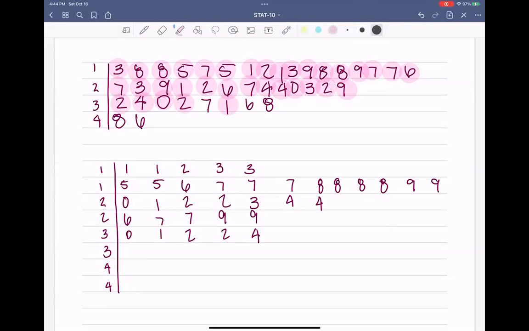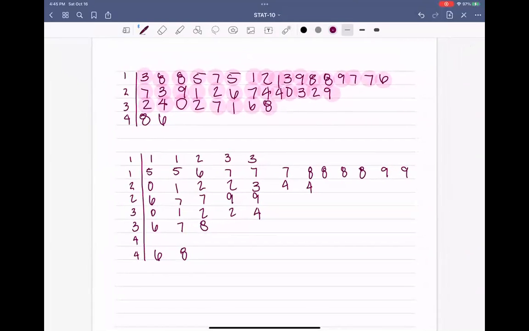So 5, no 6, we have 1 6. 7, we have 1 7. 8, we have 1 8. And that's it there. Then for 4, we don't have any 0 through 4 for 4s. And we just have 6 and 8. And there we go. That's how we're able to organize it.